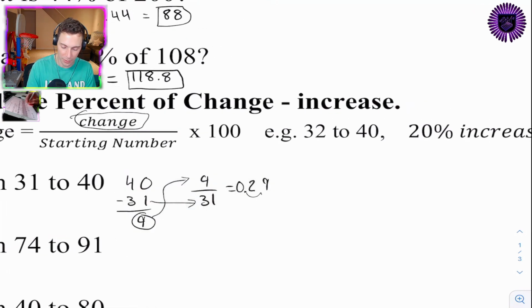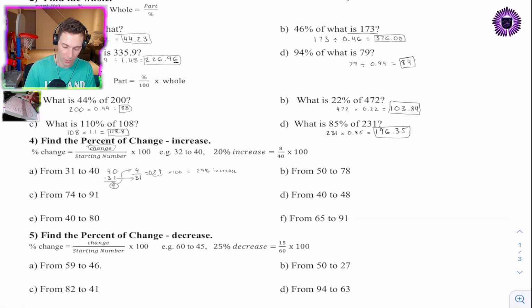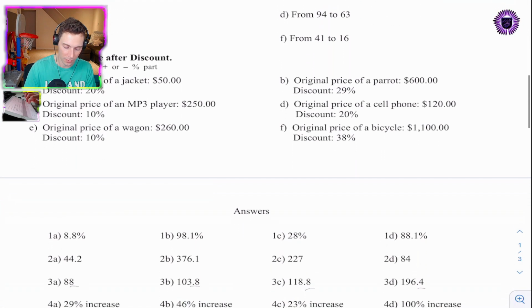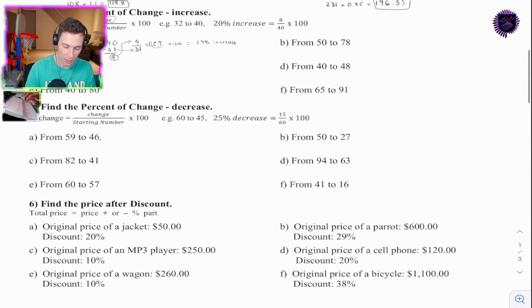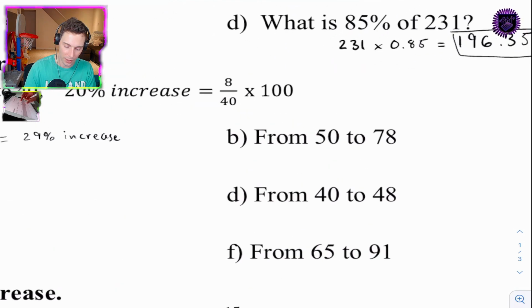Move that decimal place over 2, or multiply by 100, equals 29% increase. And let's write that: increase. 29% increase. Yeah, okay, that's good.